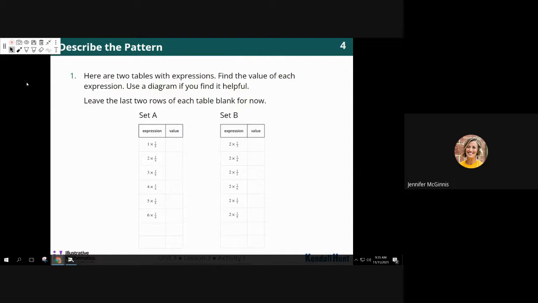So if you need to draw a picture, do it down at the bottom of that page. We're finding the value of each expression, working with our table, not working on our own. But you're not filling in the two last boxes. That's right. Go ahead.